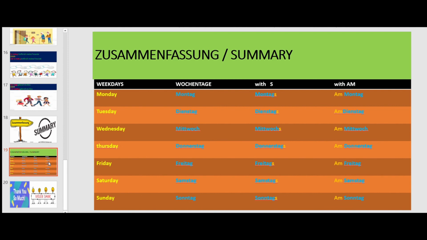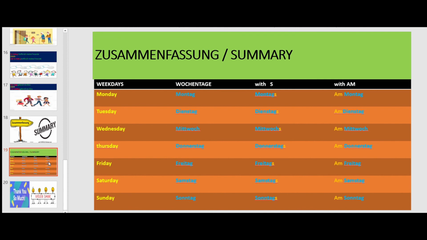Thursday is also different, Donnerstag, but we have Freitag once again resembling Friday. Samstag is a bit resembling, it also has SA as we have in Saturday. And Sunday is Sonntag. Sun in English is Sonne in German, die Sonne we can say.